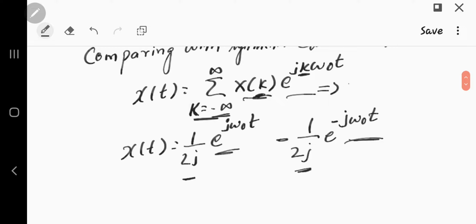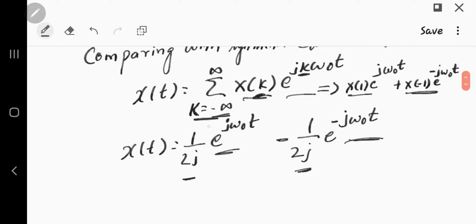That means I will get x of 1 e power j omega naught t, and if I put x of minus 1, then I will get e power minus j omega naught t. These are the only two values which I am going to get.